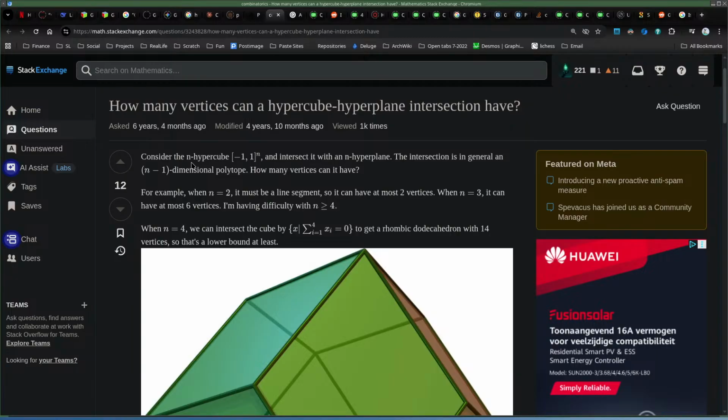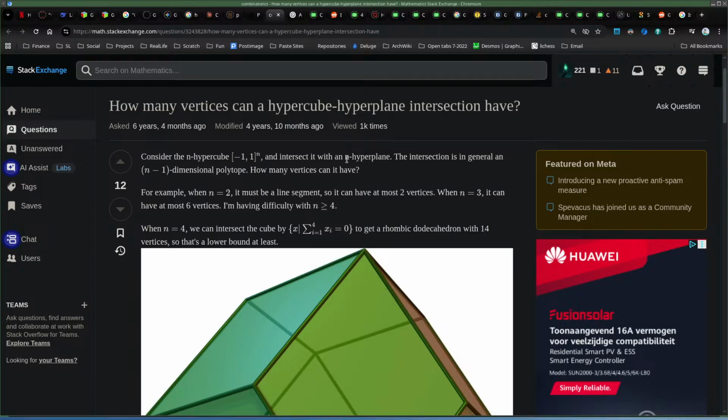Consider the n hypercube, minus 1, 1 and intersected with an n hyperplane. No. What nonsense is that?